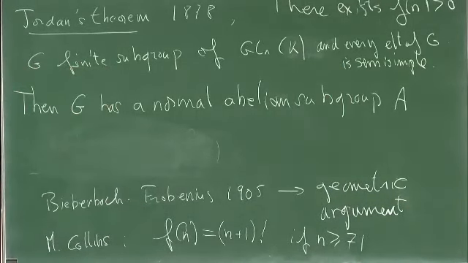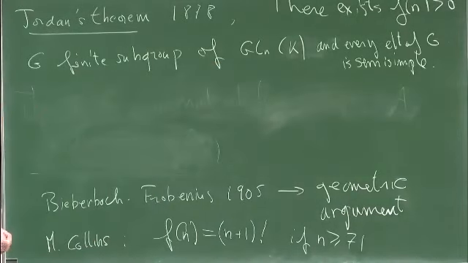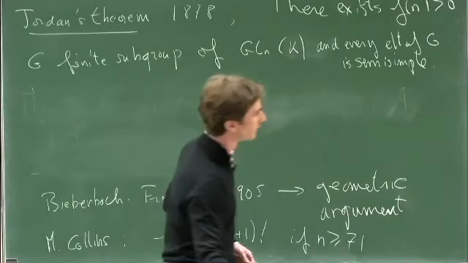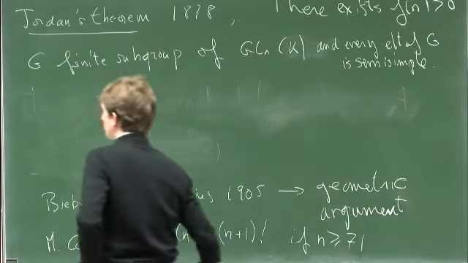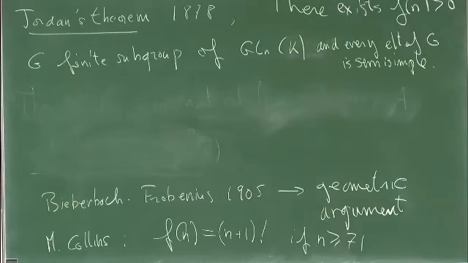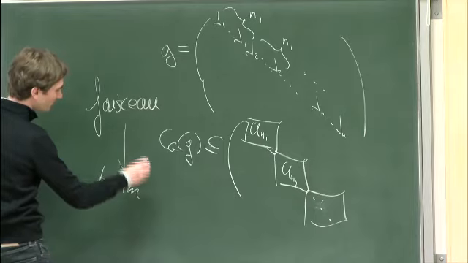For the purpose of his argument, Jordan introduces a notion called faisceau in French. I should not translate it by sheaf because that's already used in algebraic geometry, so let me call it a beam.